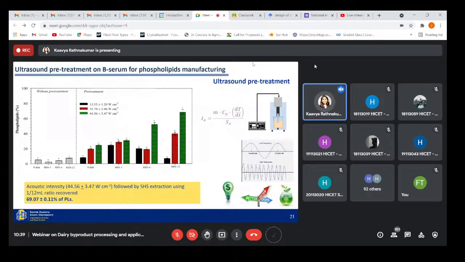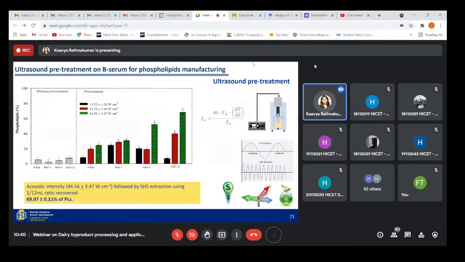When we used only the switchable solvent alone, the beta serum extracted only around 7 to 8% of the phospholipids. When we involved the ultrasound pre-treatment, the acoustic intensity produces the cavitation effect, which helps to break down the particles. When you break down, it becomes smaller.